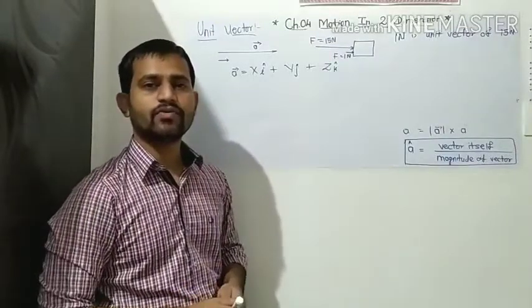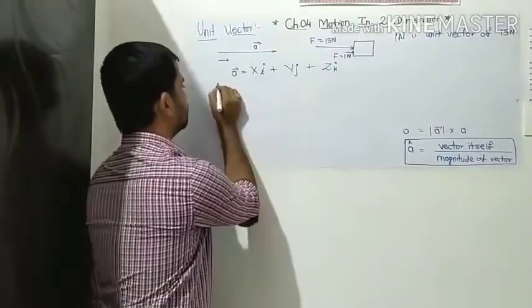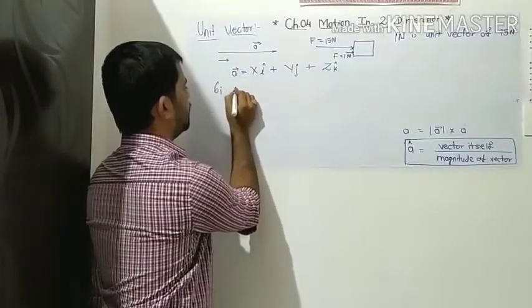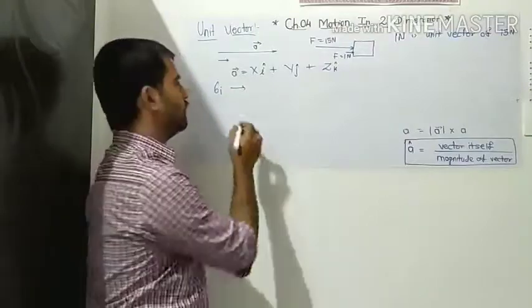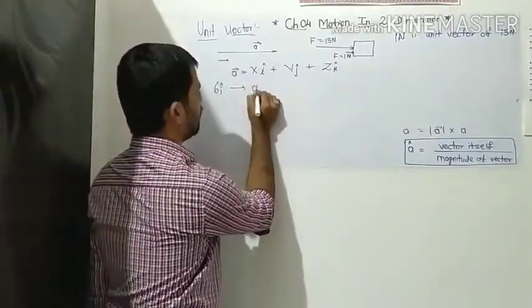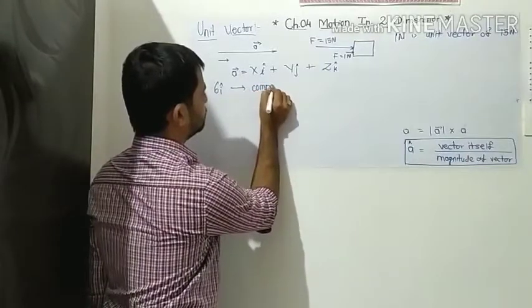Okay, suppose we have one vector like 6i. Okay, we have the vector 6i. Then if we have only vector 6i, then we have to consider that it is the component along the x direction.